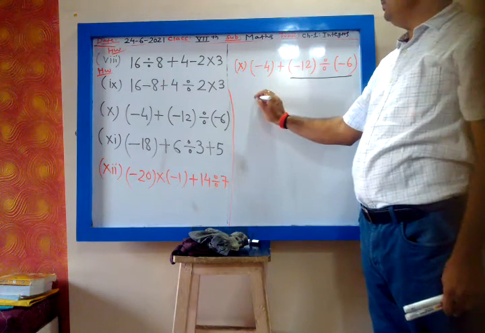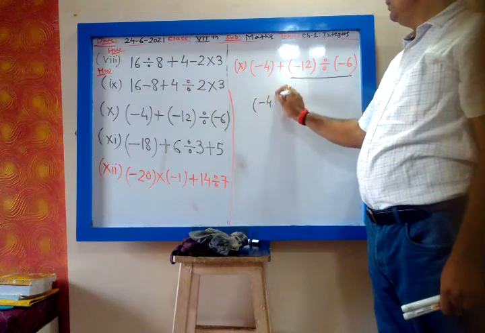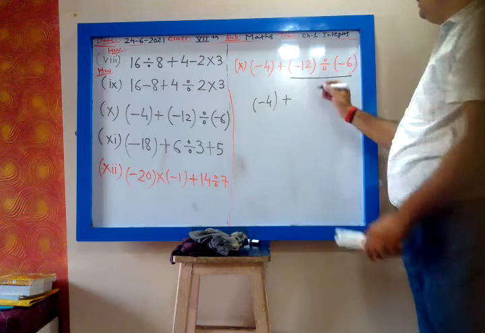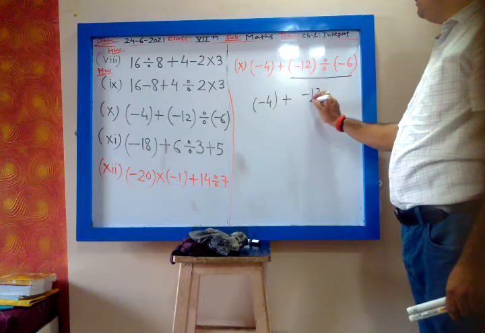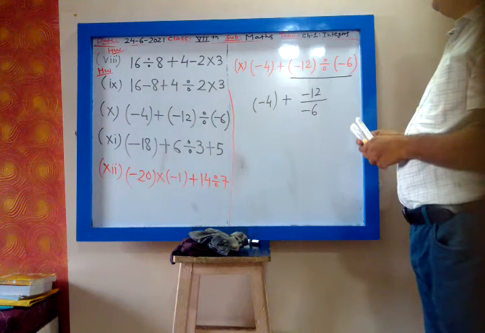So minus 4 we keep as it is, then plus minus 12 divided by minus 6. A divided by B I can write A upon B, minus 12 upon minus 6.